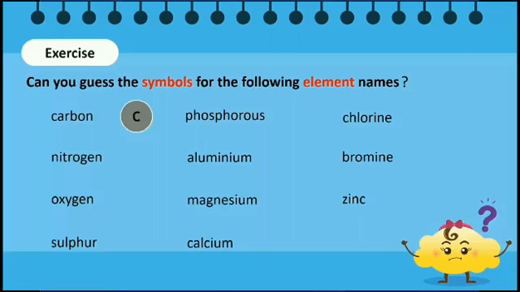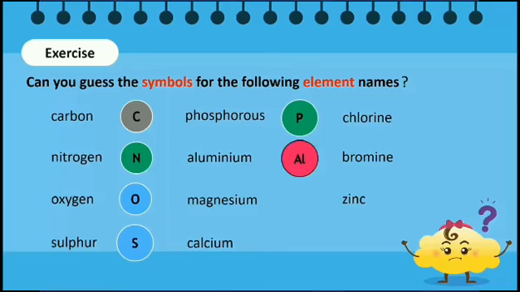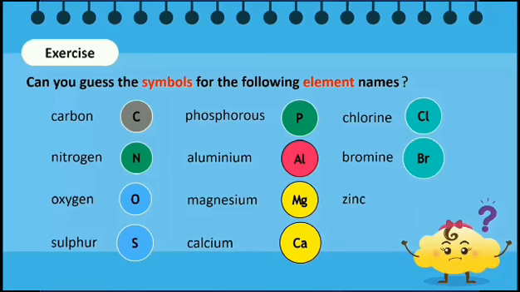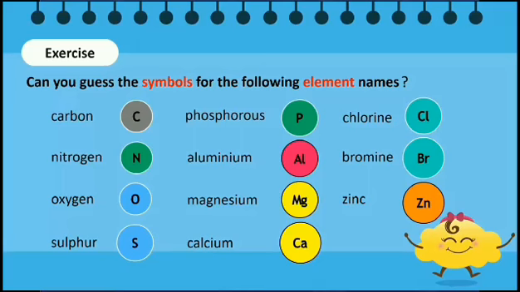C for carbon, N for nitrogen, O for oxygen, S for sulfur, P for phosphorus, Al for aluminium, Mg for magnesium, Ca for calcium, Cl for chlorine, Br for bromine, and Zn for zinc. Well done! That was easy.